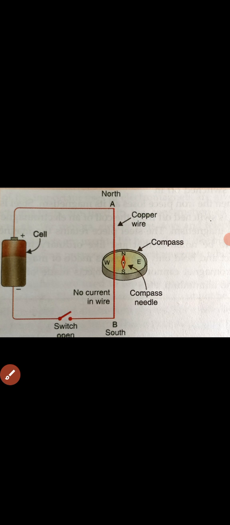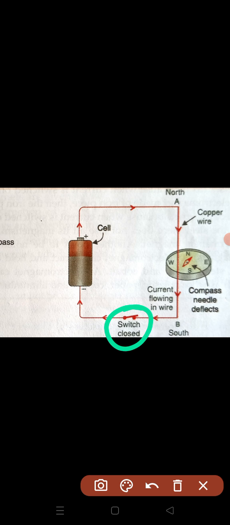But when the switch is on, or when the switch is closed, current will flow in the wire. If current is flowing in the wire, the compass needle will get deflected. The compass needle will move from its original north-south position.